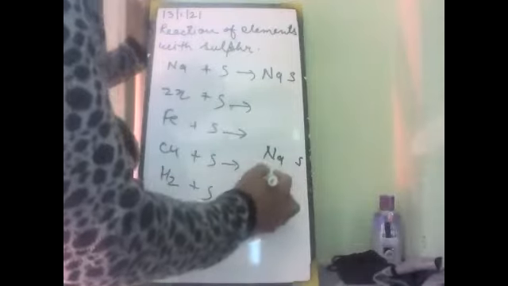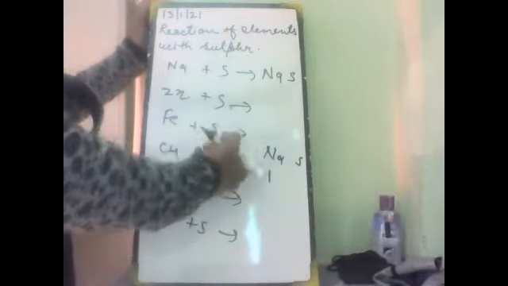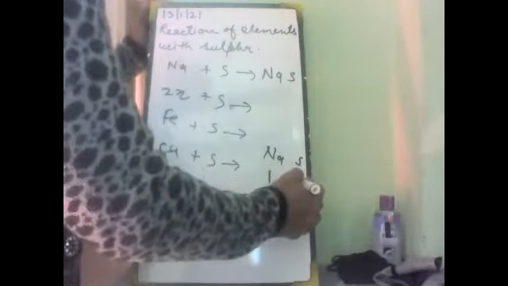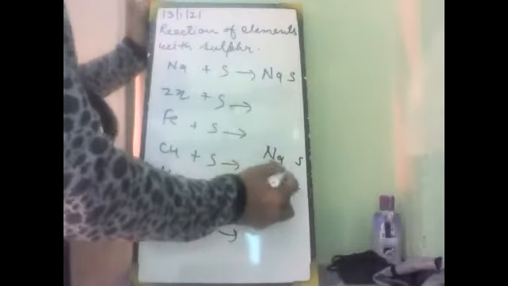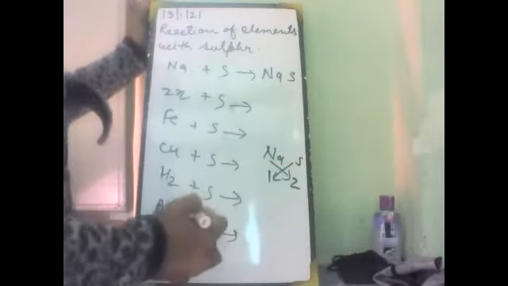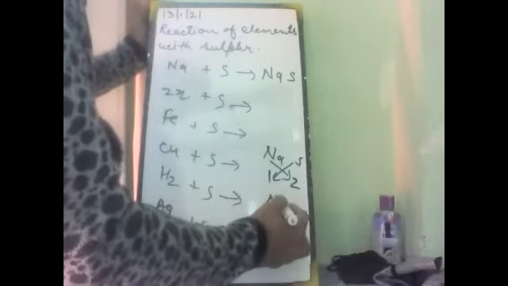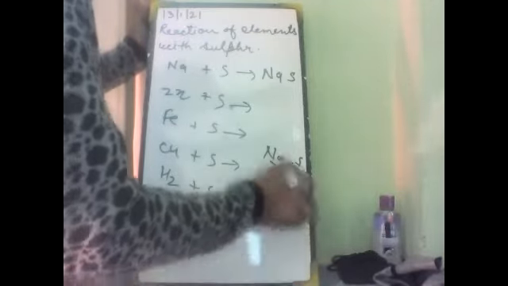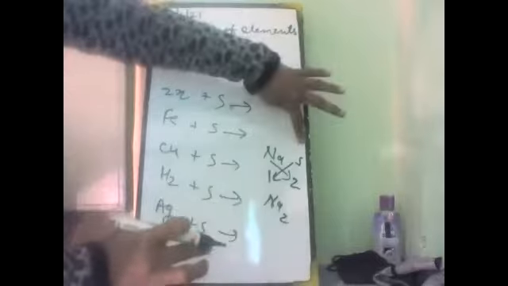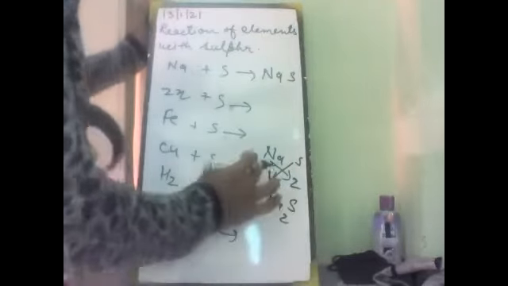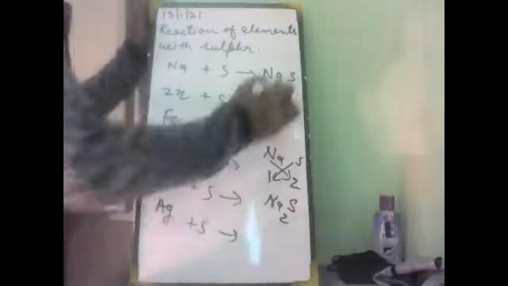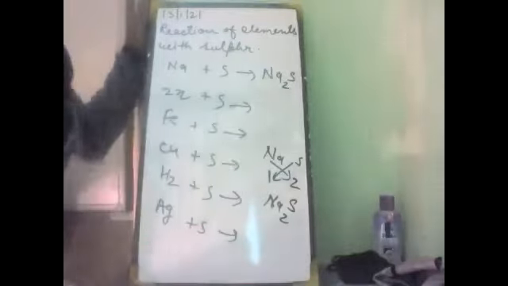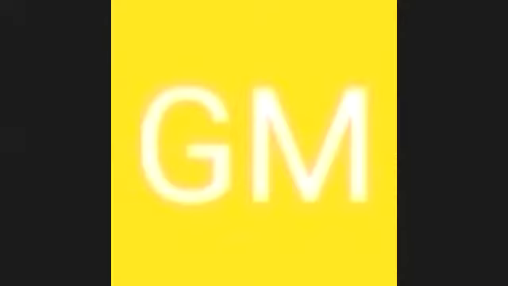The valency of sodium is 1 and the valency of sulfur is 2, and we are interchanging the valency. So Na has 2 and sulfur has 1, so we are writing Na2S. Is it clear to you? Yes, ma'am. So be careful about writing formulas.